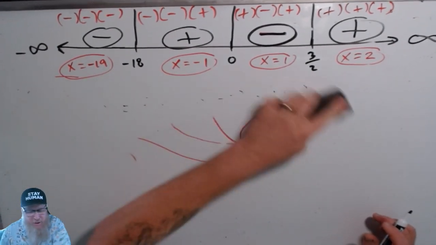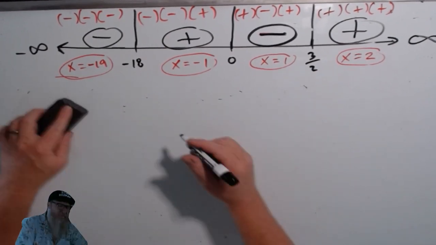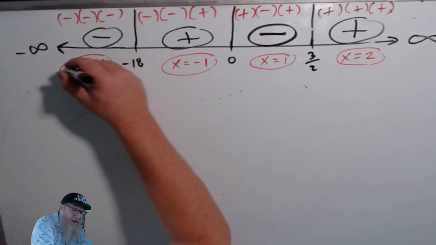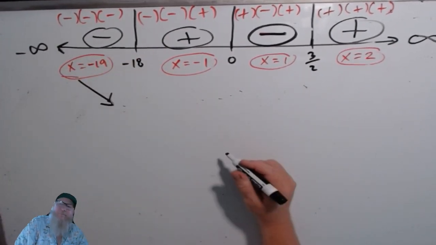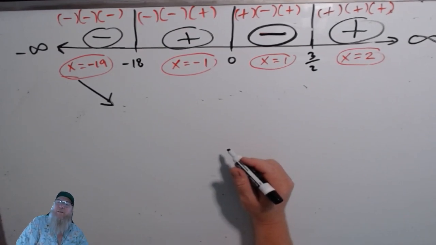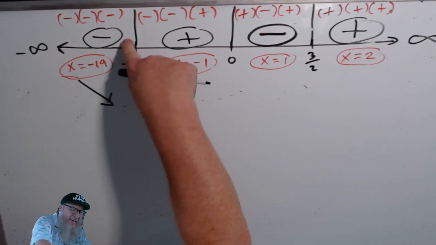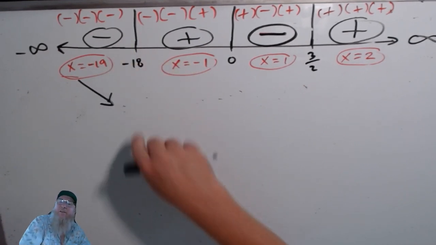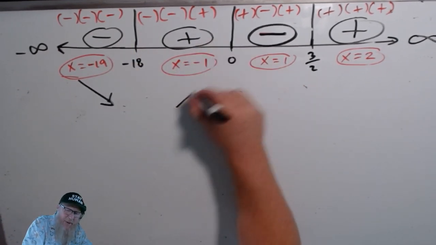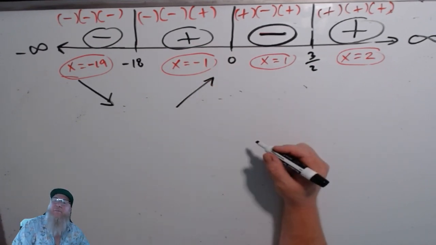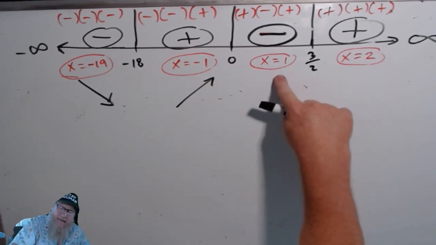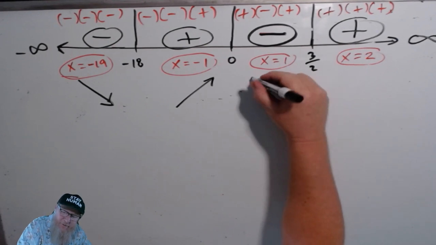So here are the results. At negative 19, I tested and got a negative, so it's decreasing. I tested, I got a positive, so it's increasing. I tested, I got a negative, so it's decreasing.